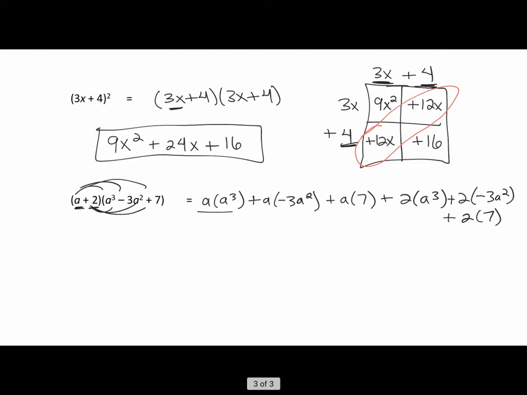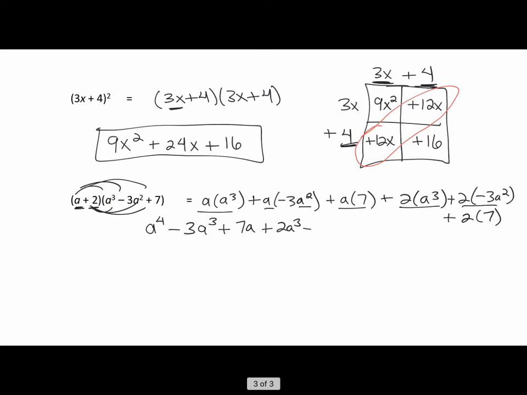And then simplify that. So a times a cubed is the product rule, a to the 4th. For the second term, if we multiply, that's a negative 3 for the number factors, and a times a squared is a to the 3rd. Next term, a times 7 is 7a's. Then 2 times a cubed is 2a cubed.